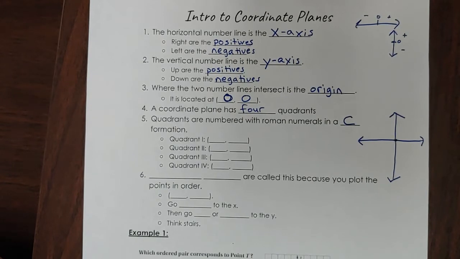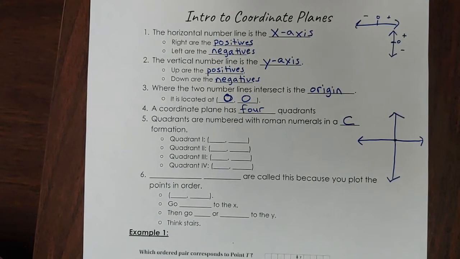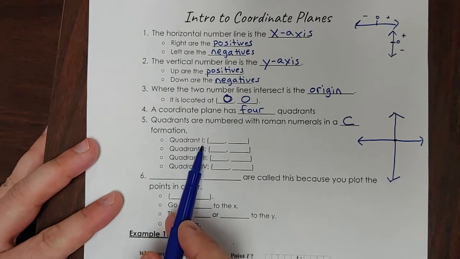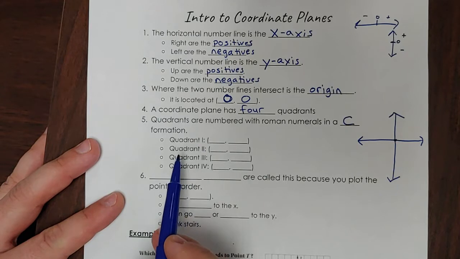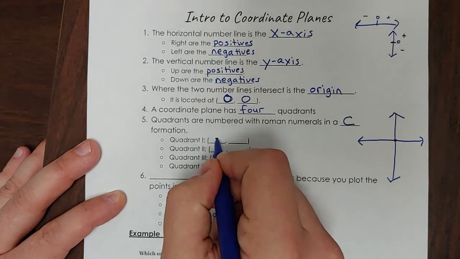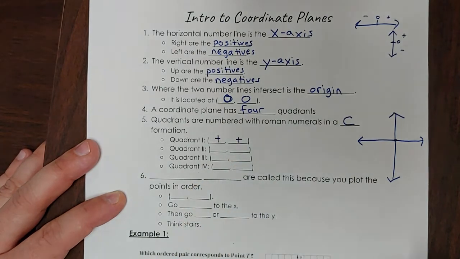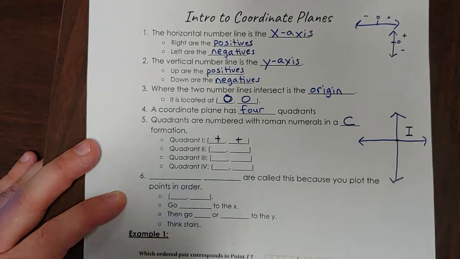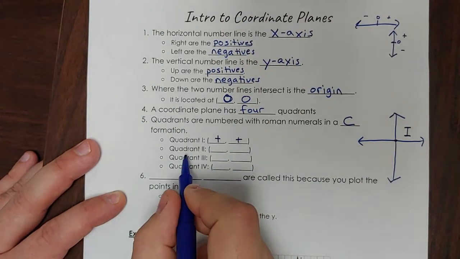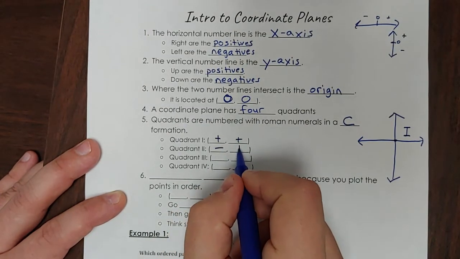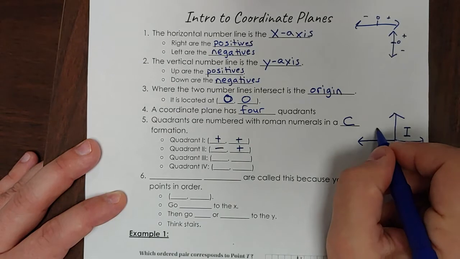So quadrants are numbered with Roman numerals in a C formation. So quadrant 1, that's a positive I there. Quadrant 1 is positive, positive. Quadrant 2 is negative, positive.